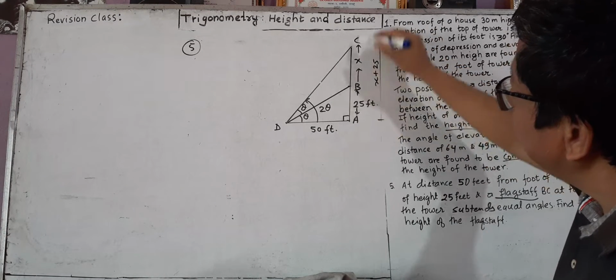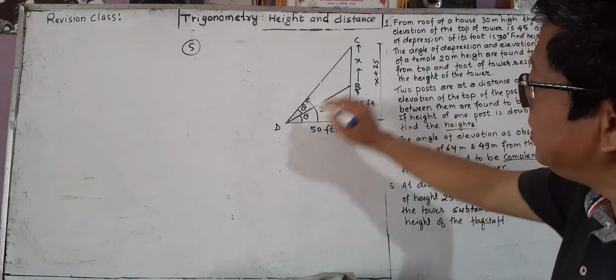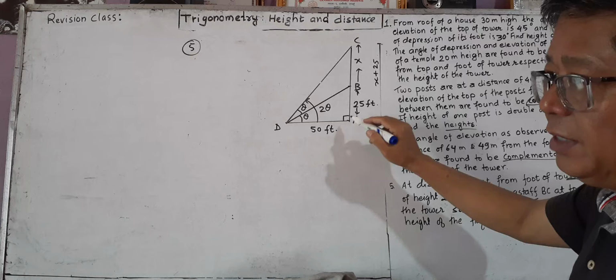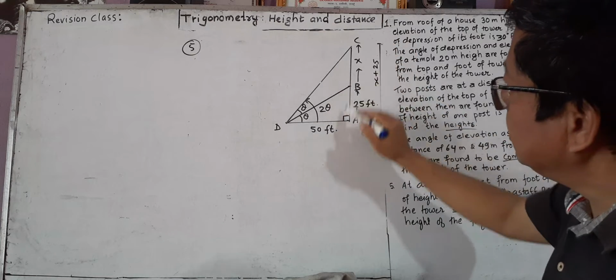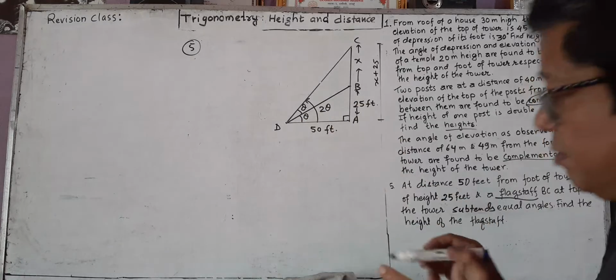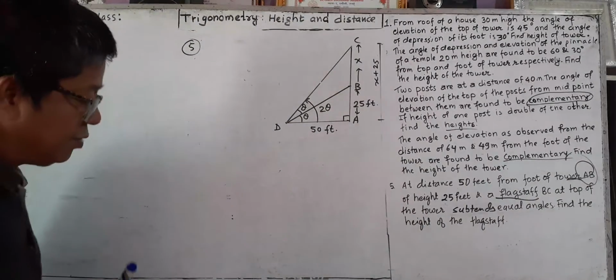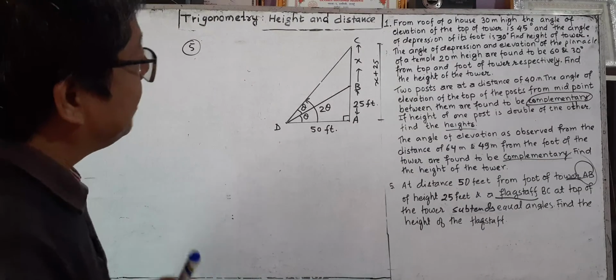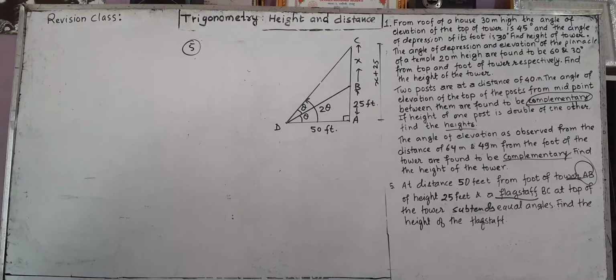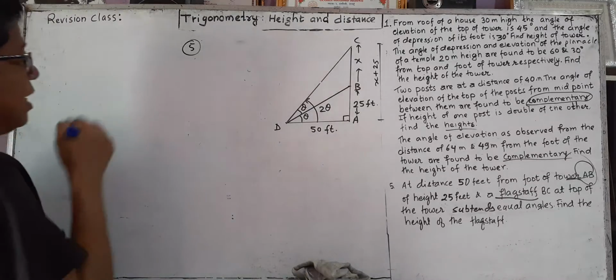This is the height of CA, that is the height of the right triangle DAC. You have to identify the perpendicular and base, that is height and distance of a right triangle, so that we can find the value easily by using trigonometric ratio. So this is the diagram. Now describe the diagram.